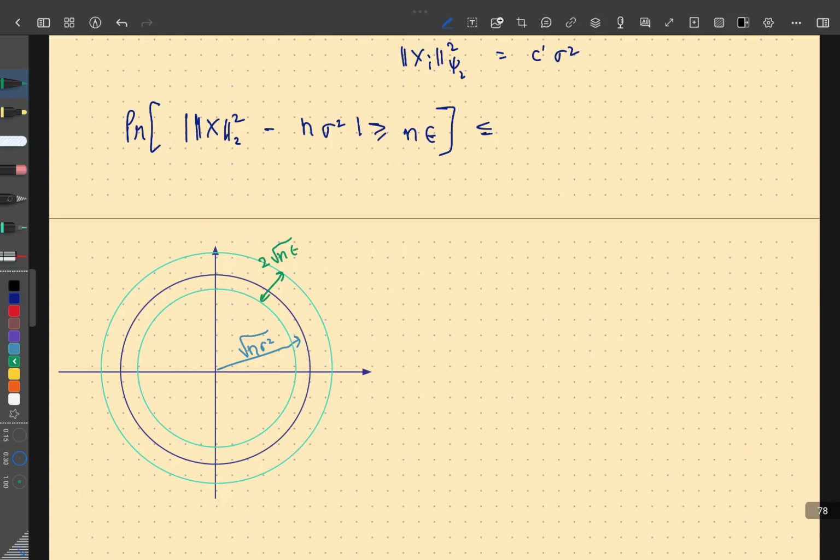If you were looking at just 2 dimensions, if I took a thin shell around radius, let's say, root 2 times sigma, what would be the probability that the random vector would lie in this shell as I made epsilon really, really small?